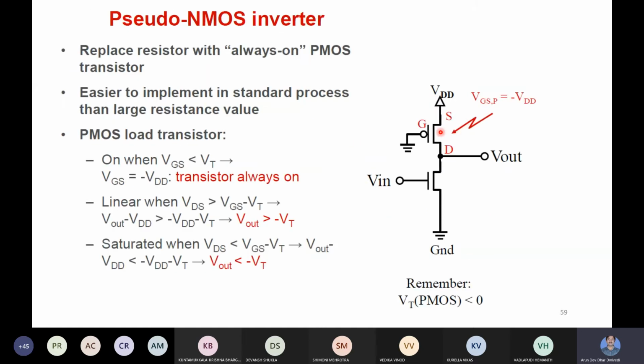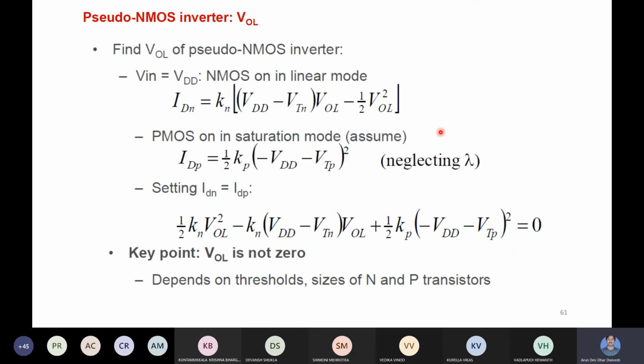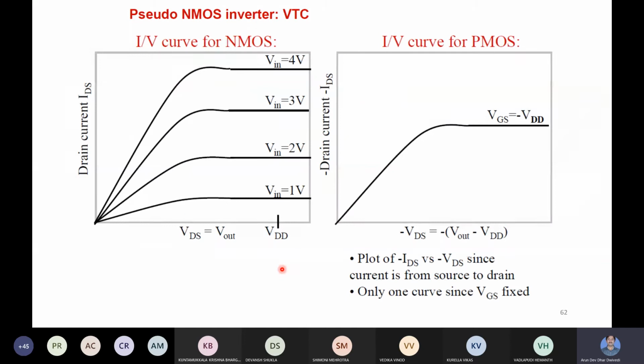So we can equate the currents of PMOS and NMOS. The PMOS equation can be written as half Kp times (minus VDD minus VTP) whole squared, and this can be equated with the NMOS transistor current and solved. Then we can find VOL.